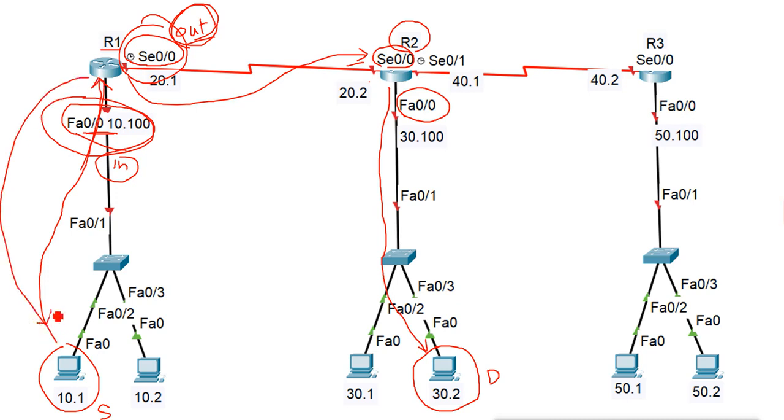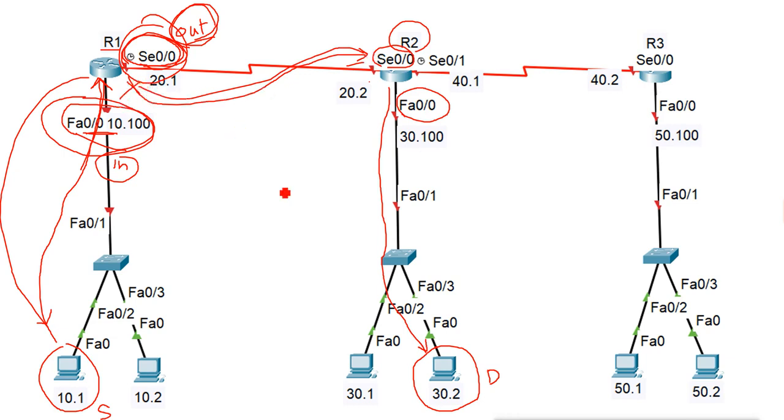But if it has the information, then after processing the packet, it will check whether any ACL is configured on this interface. If an ACL is configured, it will check the statements, whether permit or deny. If it is permit, it will allow the traffic to go, and if it is deny, it will drop the packet.